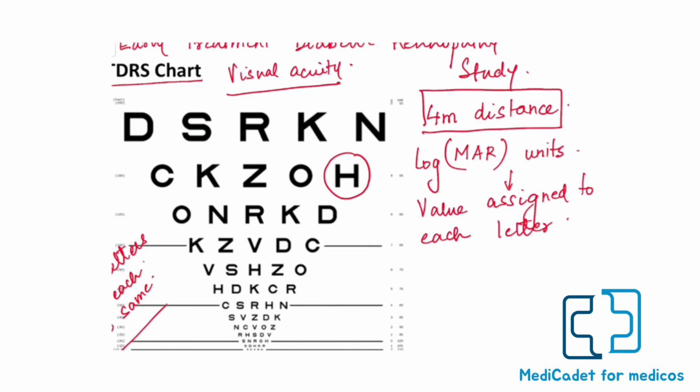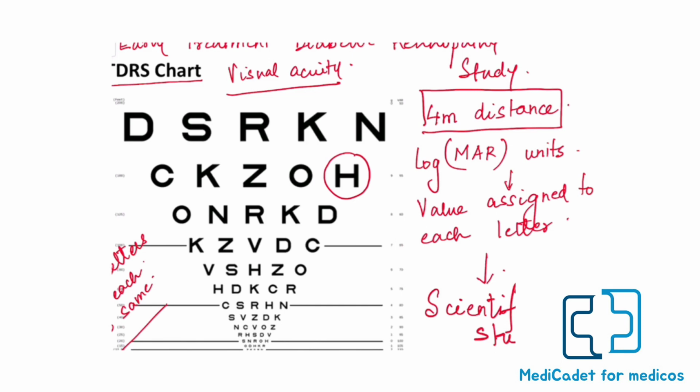Because it is expressed in log units, it is easier to use in calculations, and because a value is assigned to every letter and not just every line, it becomes much easier to quantify. That is why this chart is more useful in a scientific study. Suppose I am trying to evaluate how much is the improvement of visual acuity after a certain procedure has been done or after a certain drug has been given.